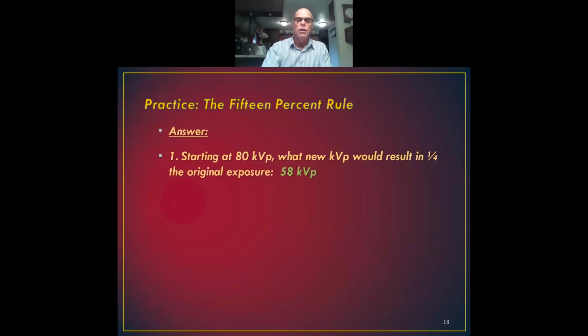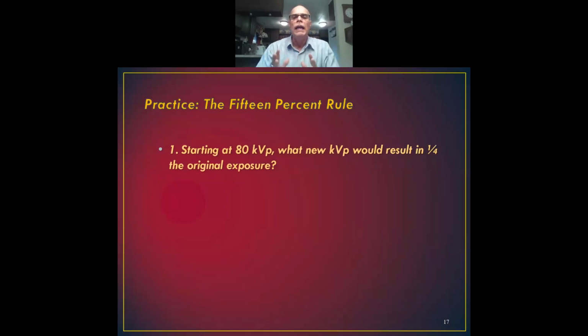Again, I'm going to back up and show you that one more time. Starting at 80 kVp, what new kVp would result in 1/4 the original exposure? The original exposure is 80, and we're wanting 1/4 of it. To get to 1/4, you're going to step it down twice. You're going to half it, then half it again. So you take 15% of the 80, which gives you 12.